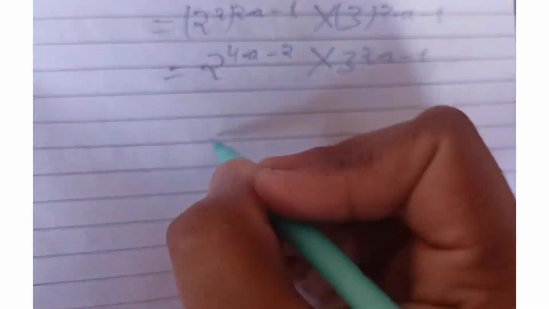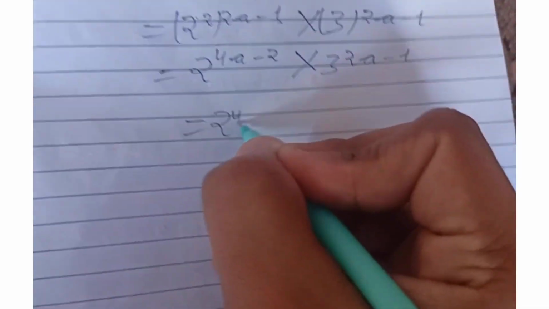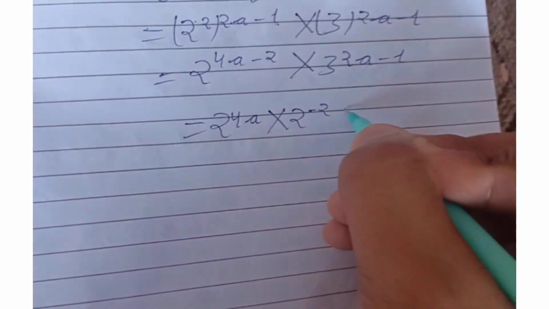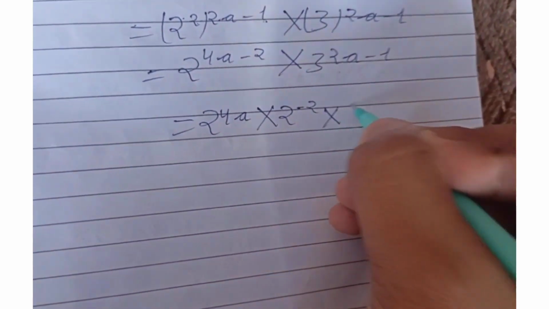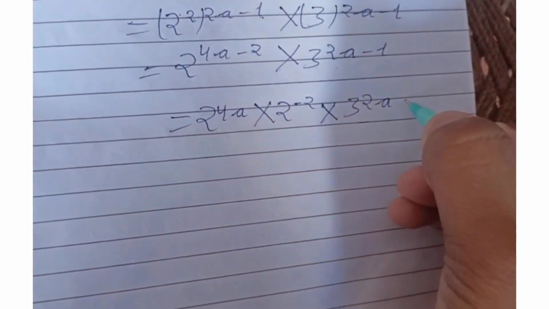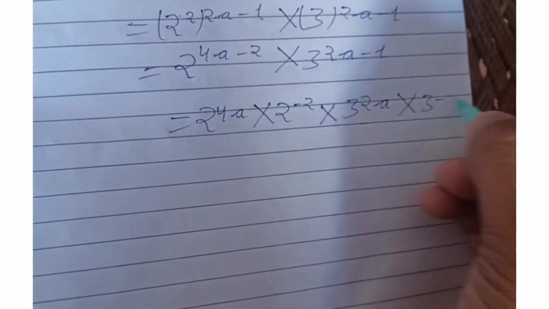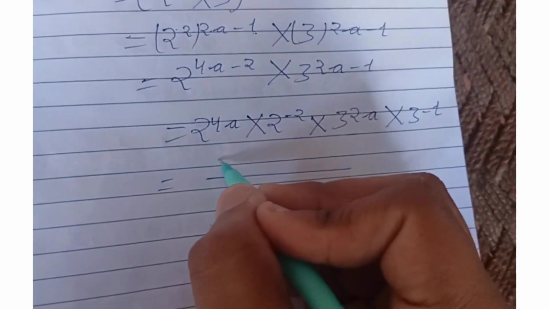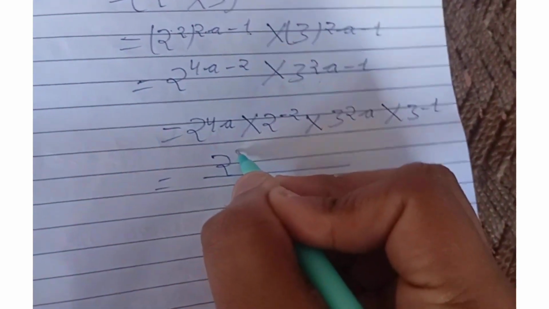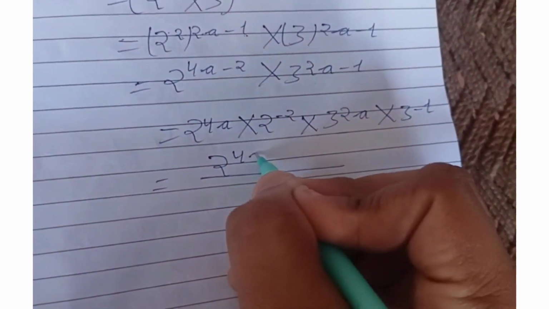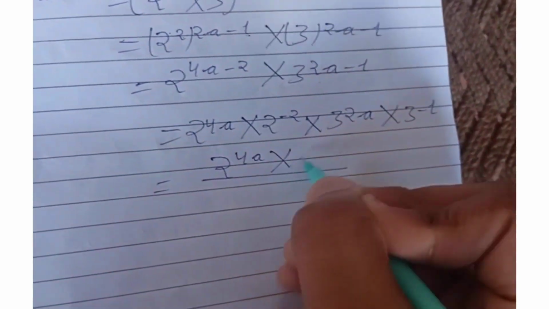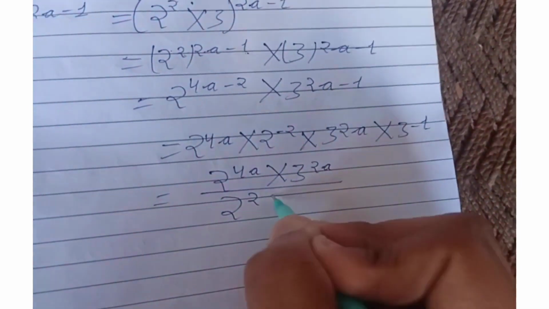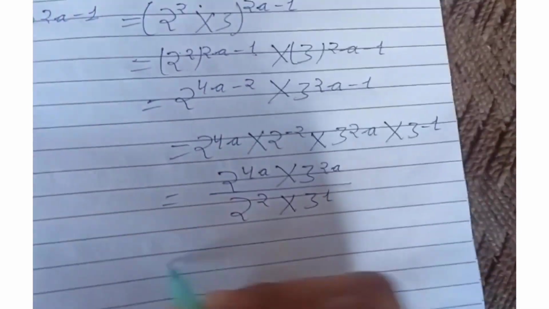Now it can be written as 2 to the power 4a multiply 2 to the power minus 2, and this also 3 to the power 2a multiply 3 to the power minus 1. So which is in minus goes on the denominator. So it can be written 2 to the power 4a multiply 3 to the power 2a and 2 square multiply 3 to the power 1.